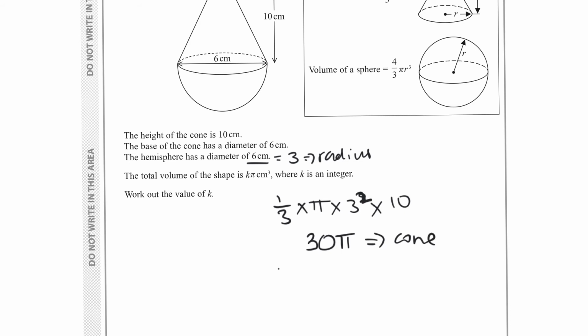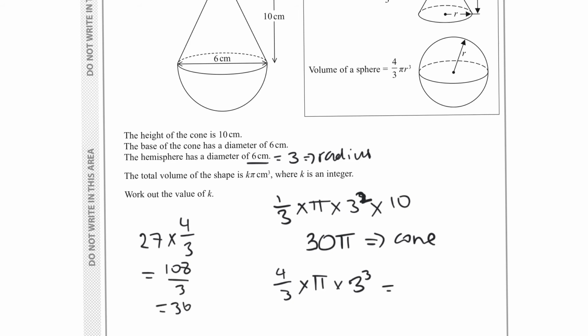Then for our sphere, it's going to be 4 over 3 times pi times our radius, which is the 3 again, cubed this time. So 3 cubed is 27. If we were to do 27 times 4 over 3, you'd end up with 108 divided by 3, which is 36. So that would be 36 pi for our sphere. Now it's to add those values together.